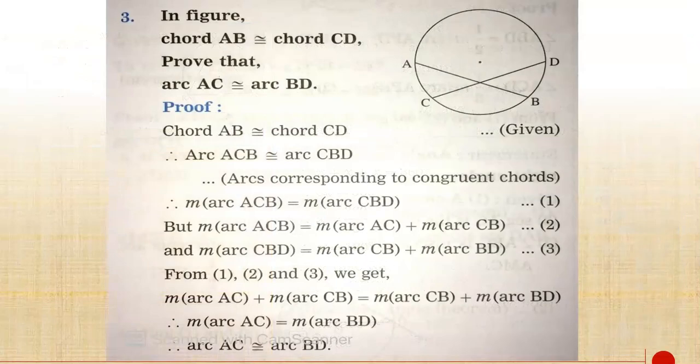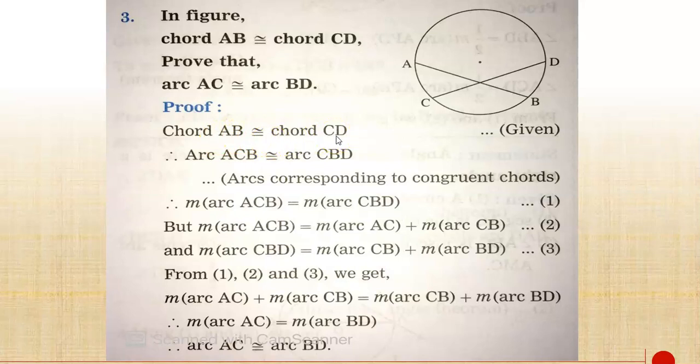Question number 3. In this particular figure given alongside, chord AB is congruent to chord CD. This is my given information. I have to prove that arc AC is congruent to arc BD. So let us start. We'll start with the given information given to us as chord AB is congruent to chord CD.